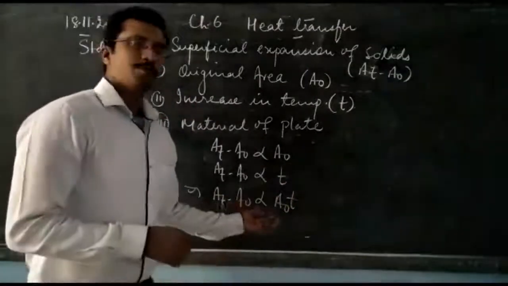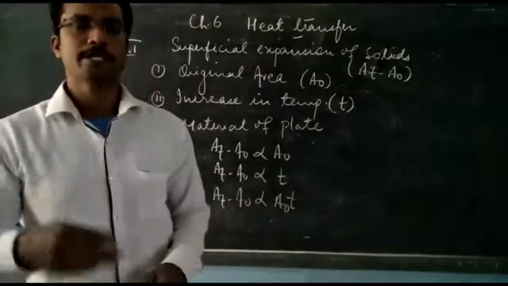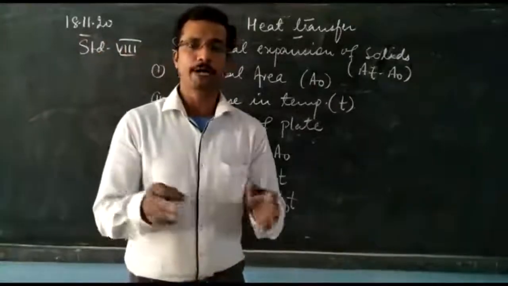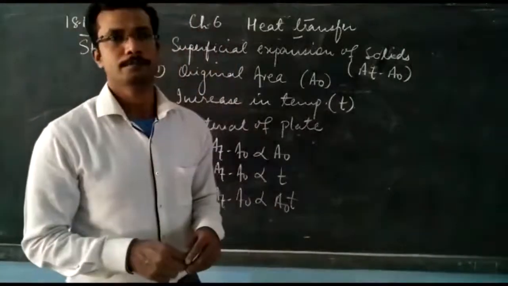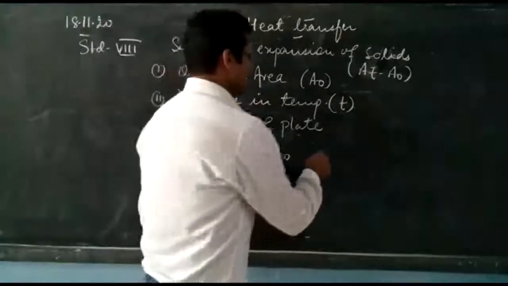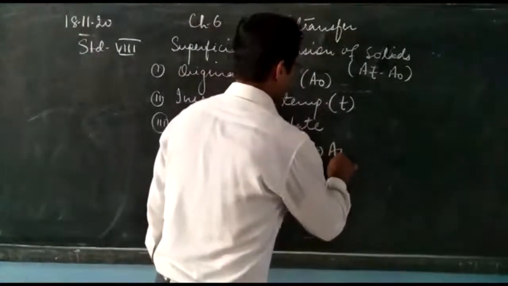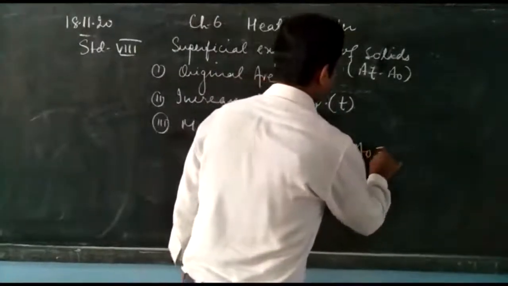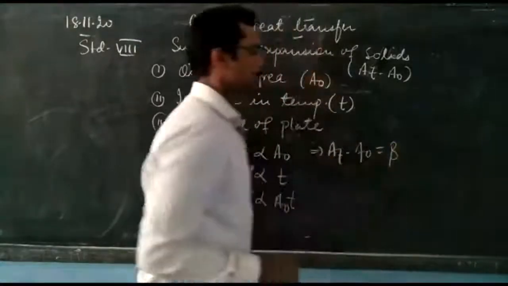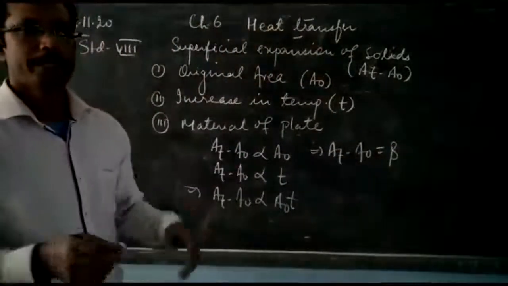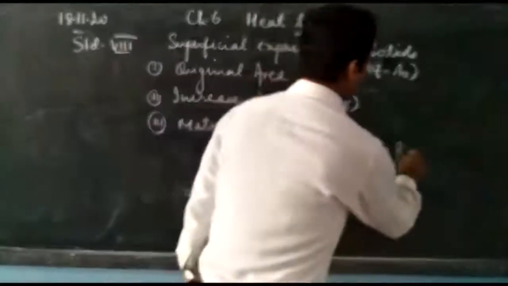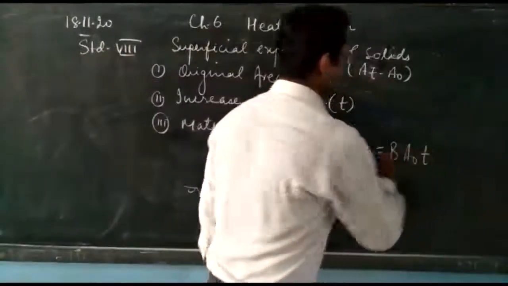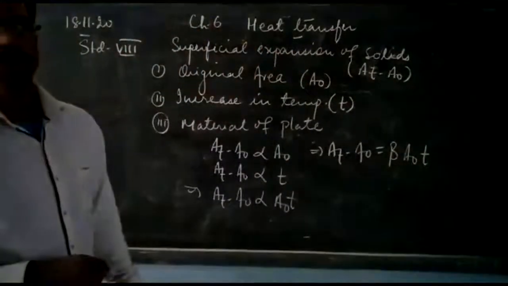Now to remove this proportionality sign and change it into equality, we have to give a constant term. And you know, the constant term here will be beta. This is called beta, and then we have original area into temperature.